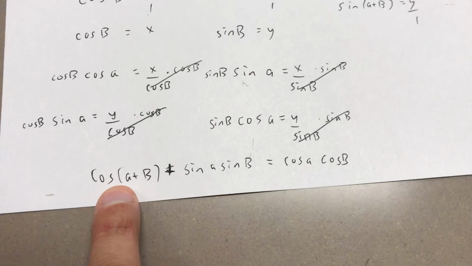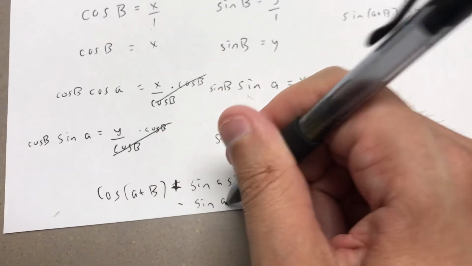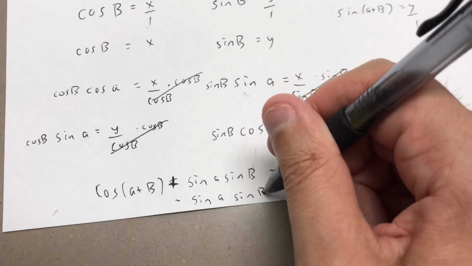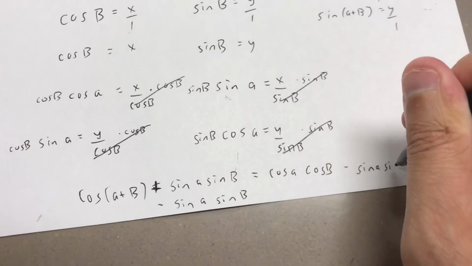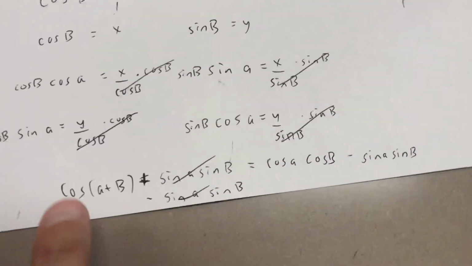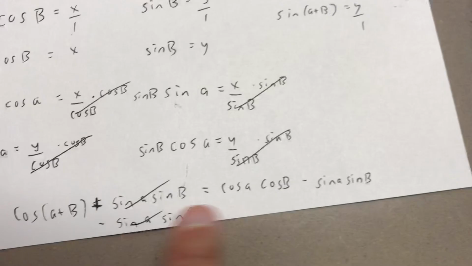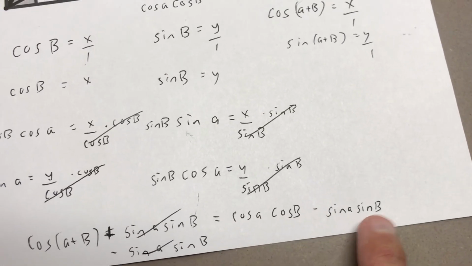Well, I'd like a statement for cosine of alpha plus beta by itself. Okay, so I'm going to subtract sine of alpha sine of beta from both sides. And that's going to leave me with a statement just for cosine of alpha plus beta. It's going to be equal to cosine of alpha cosine of beta minus sine of alpha sine of beta.